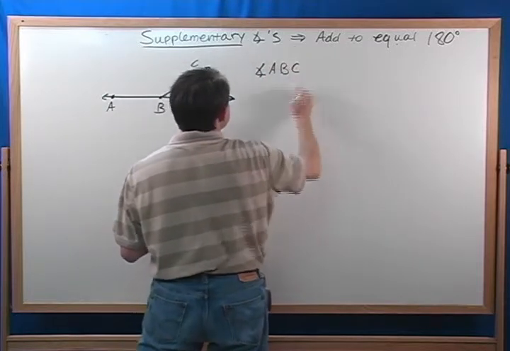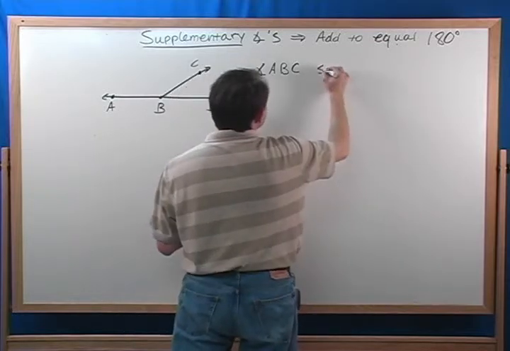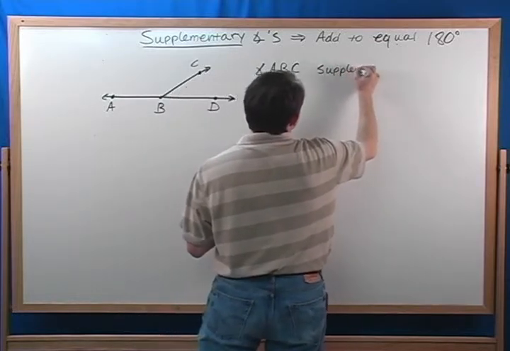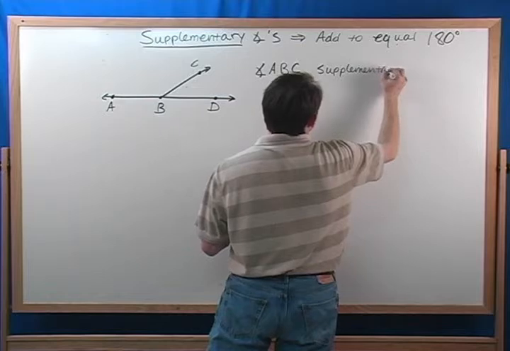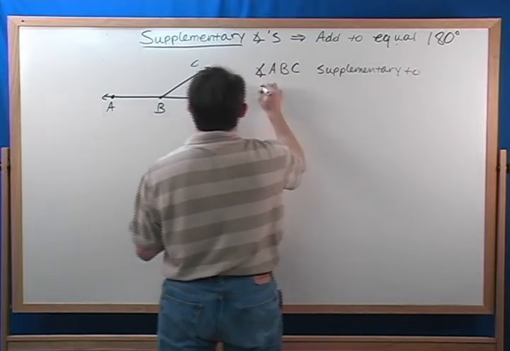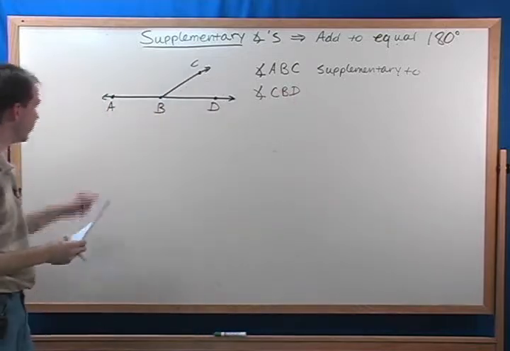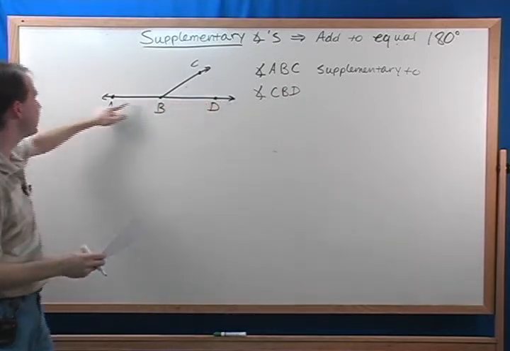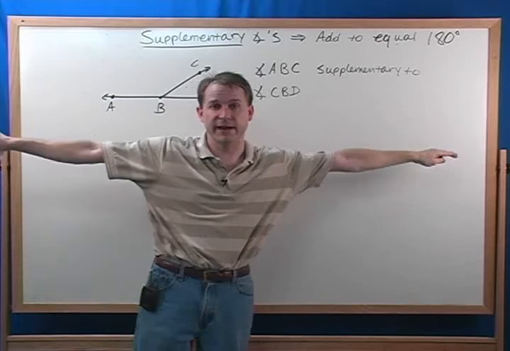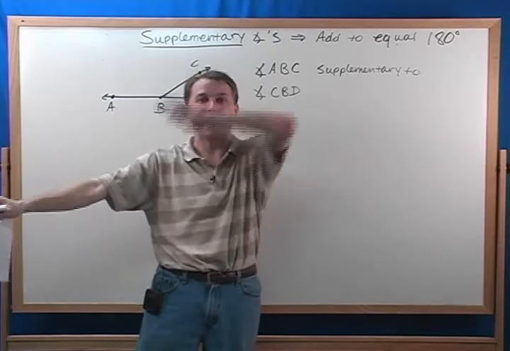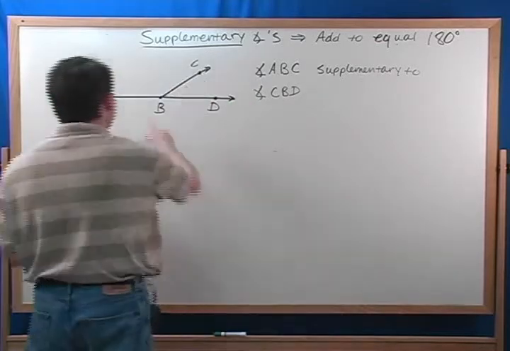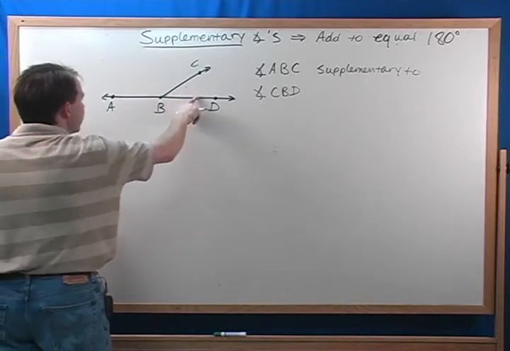So we say angle ABC is supplementary to angle CBD. And the reason is because we know this is 180 degrees. Anytime you have a straight angle, which is just an angle that goes out like this, you've gone half a circle, that's 180 degrees. So by definition, this is 180 degrees.